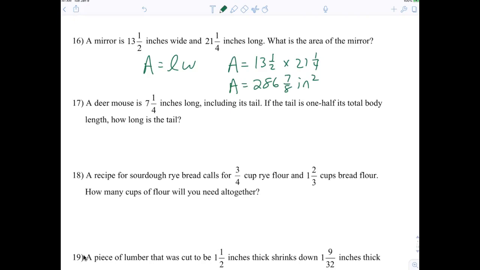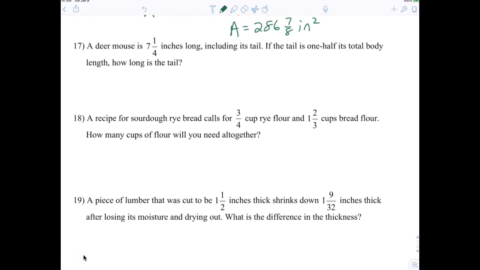17. It says the deer mouse is 7¼ inches long, including its tail. If the tail is half its total body length, how long is the tail? Go. What do I do? Alrighty, so you divide 7 and 1/4. That's exactly right.